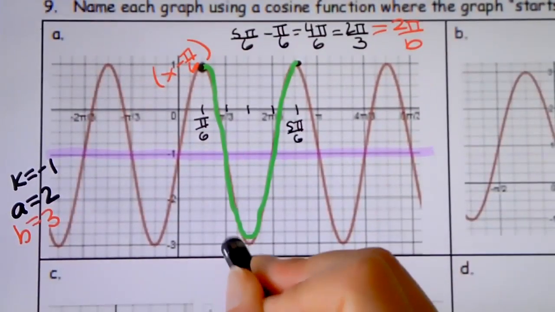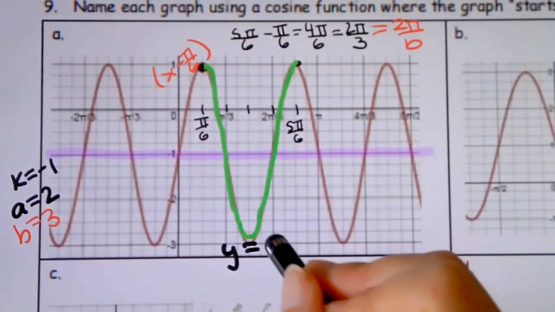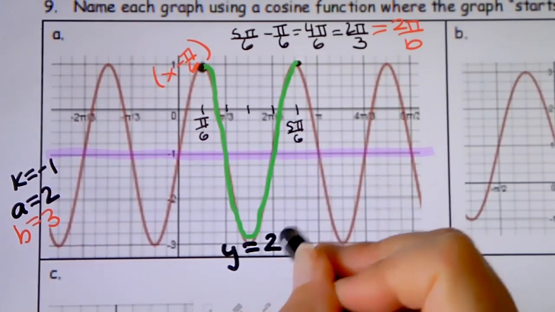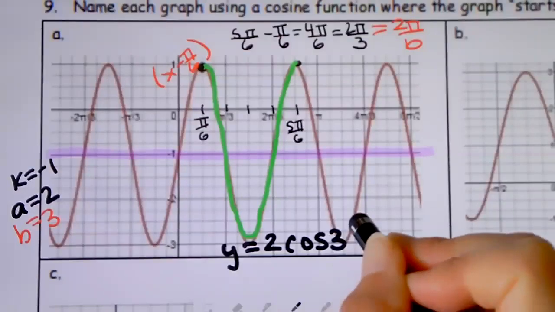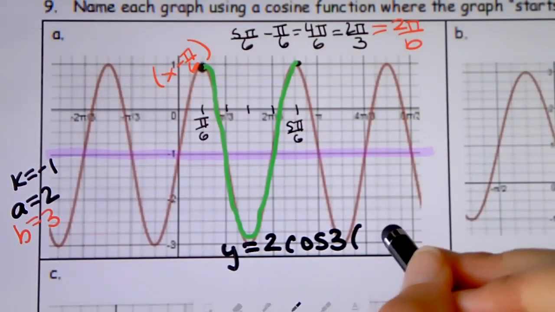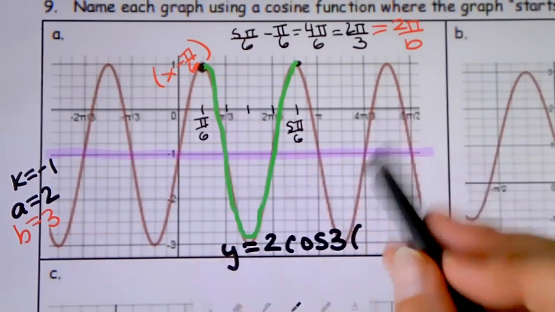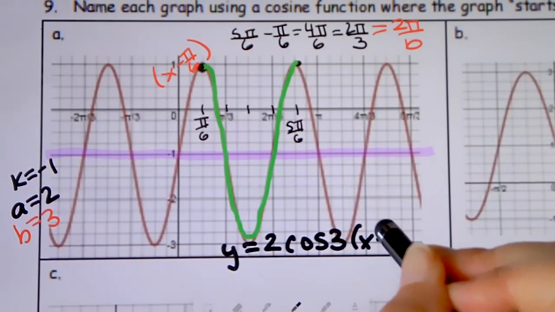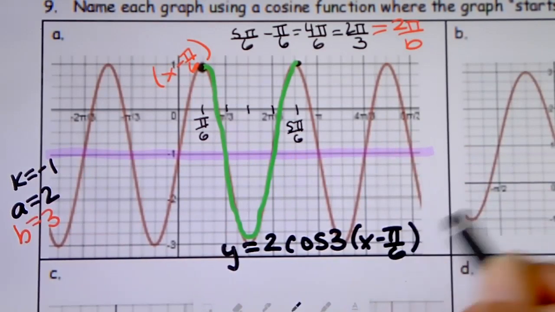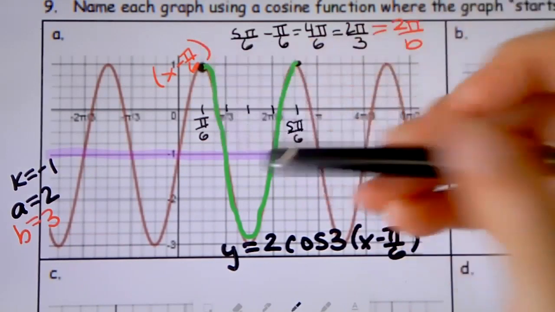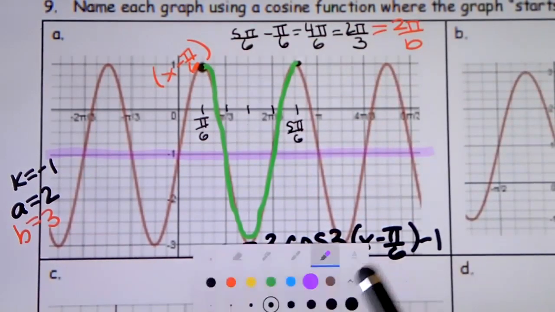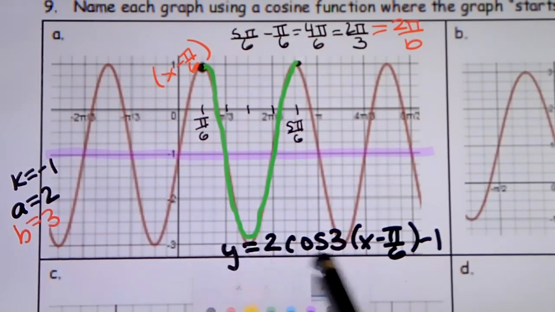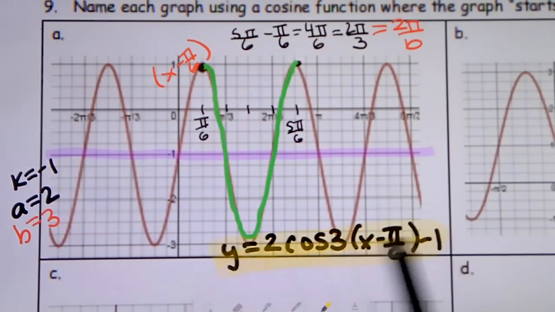This is going to be y equals, my a is 2, cosine, my b was 3, and then my phase shift is the thing that goes in the parentheses. I'm starting at pi 6, so it's going to be x minus pi 6. And then I shifted it down 1, minus 1. So that is your answer for the first one. That's how we end up getting it.